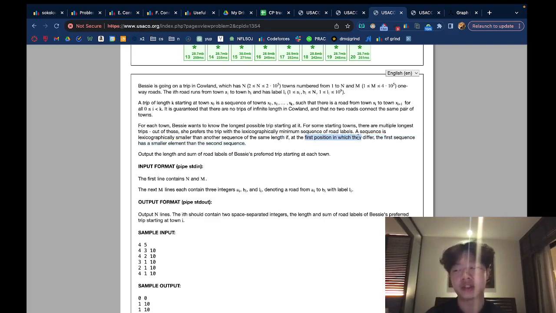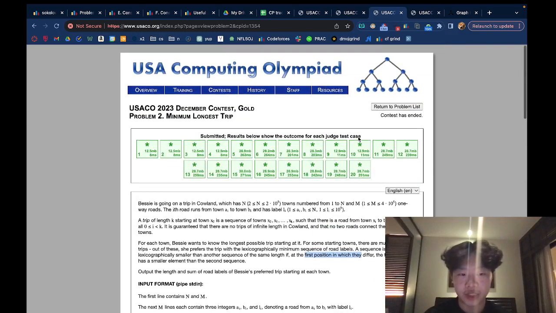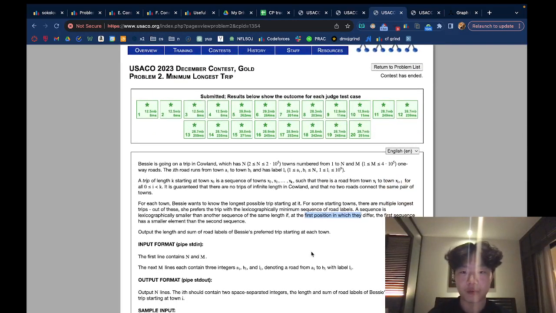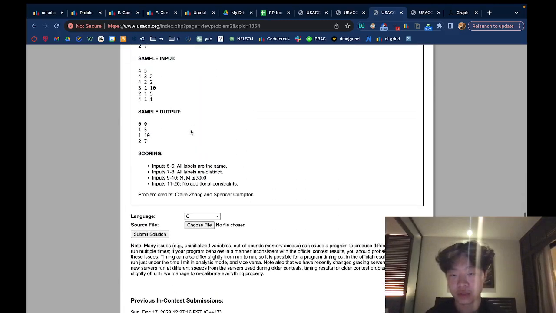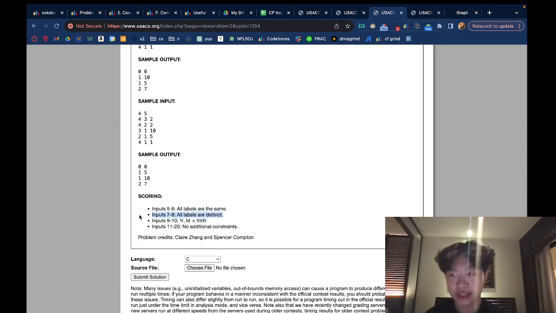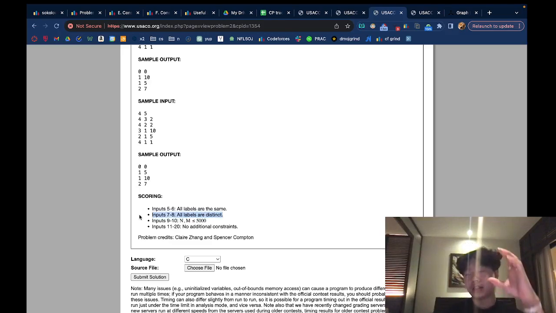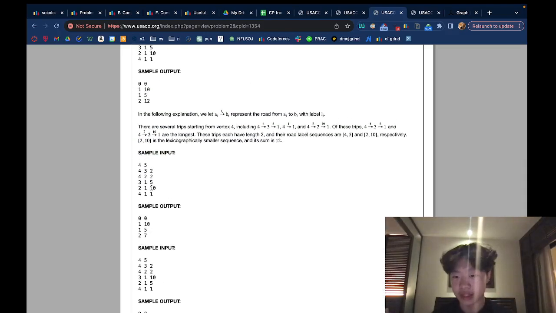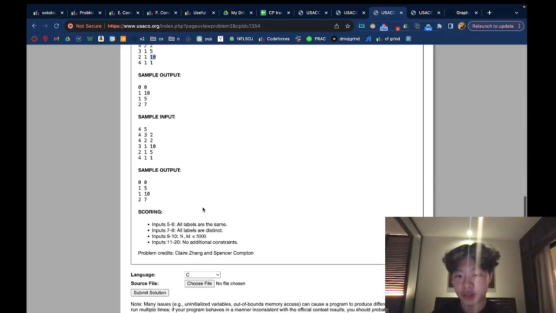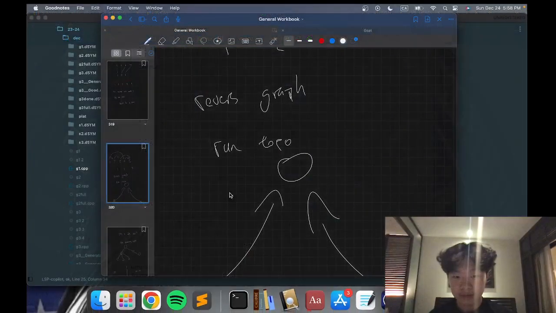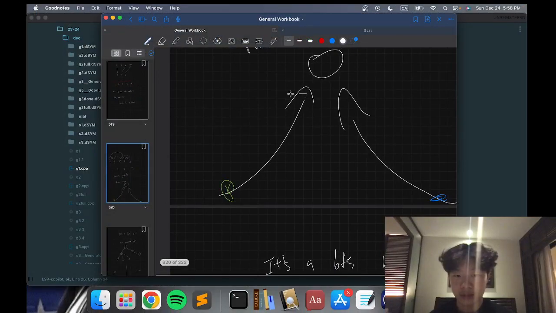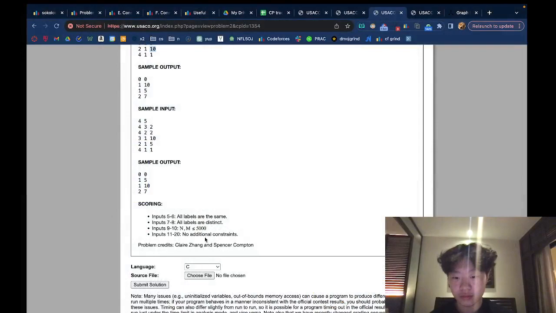So at the first position at which they differ, if all elements are unique, then all the paths will differ at their first element, and only the first element matters. So for this partial, you only need to keep track of the latest edge label, or the latest edge value, and you compare the edge values. If they reach here with the same distance, you only have to compare the latest one, right? Okay, so that's basically like 50%.